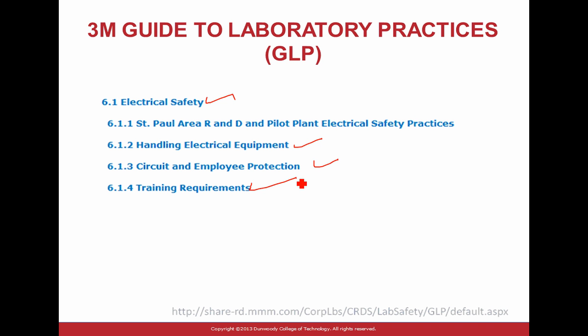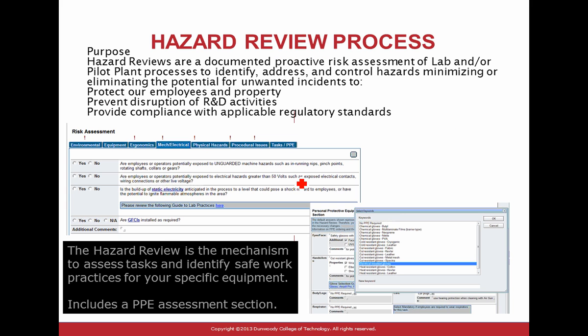Does it make sense for some of you who are in this area? Hazard review procedures are things that you guys have been doing. That's part of the things that I was showing you at the beginning. The hazard review is the mechanism to assess risks and identify safe work practices for your specific equipment, including PPE.